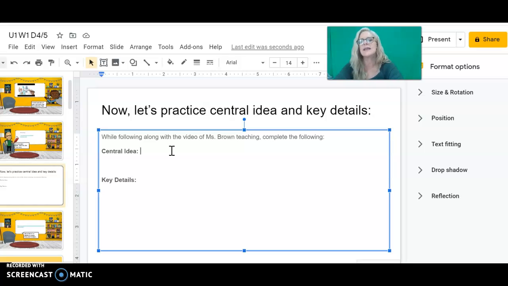So how could we say that in a bigger, more general statement? Because the purpose of government is not this and this and this and this and this. That's not a very strong central idea. Central idea, think even bigger than that. I'll give you a second to think and write, and then I'll tell you.